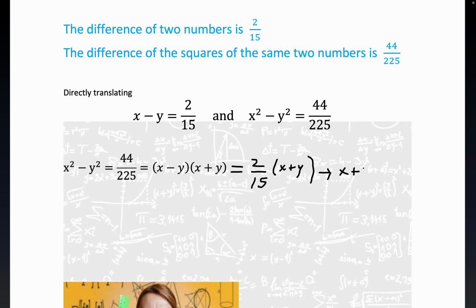Now, again, what I'm going to do right here is multiply both sides by 15 over 2, meaning I'm going to take the reciprocal of this and multiply it by 44 over 225, and that'll lead to 22 over 15. Okay, now I'm going to leave out just the tedious arithmetic step, but I think that it's pretty clear that gives you 22 over 15.